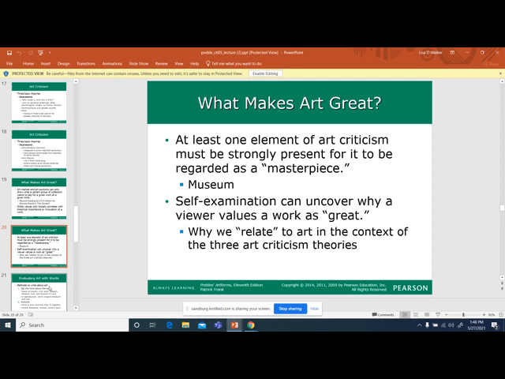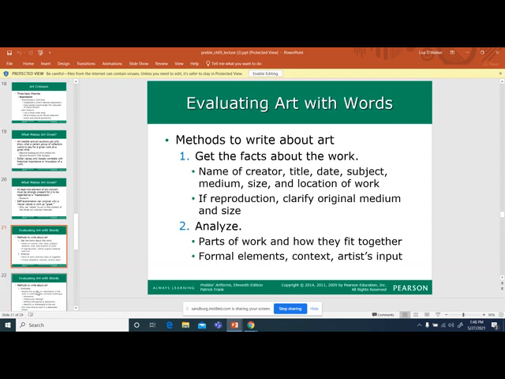Why do they think it's great? Why do we relate to certain art? When we evaluate art with words, we need to get the facts first. We need to know who did it, what the title is, when it was done, what the subject is, the medium, the size, and where the work is located.